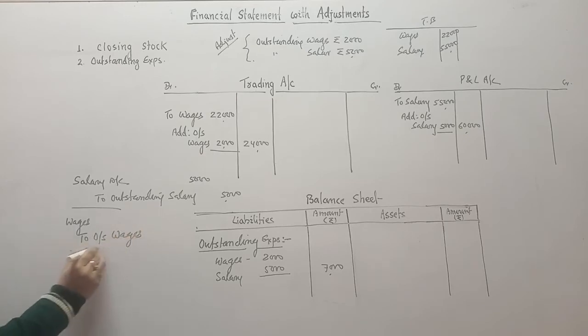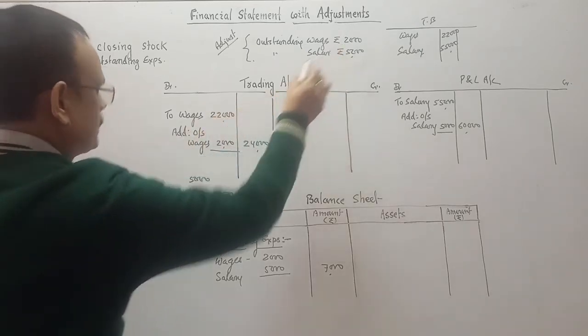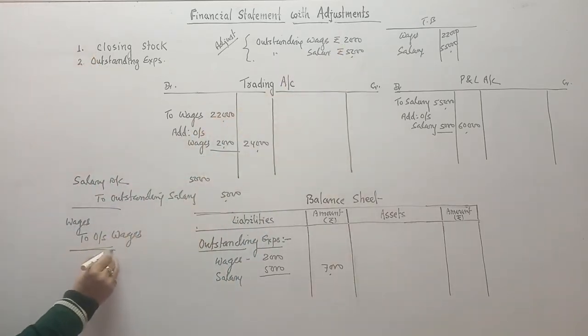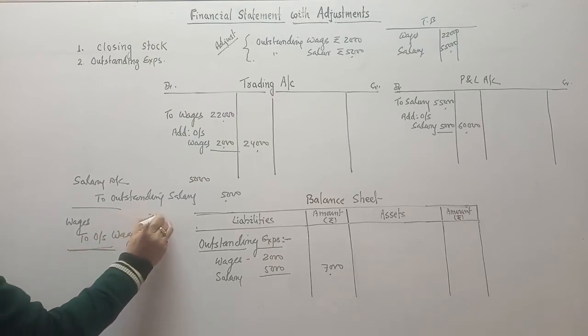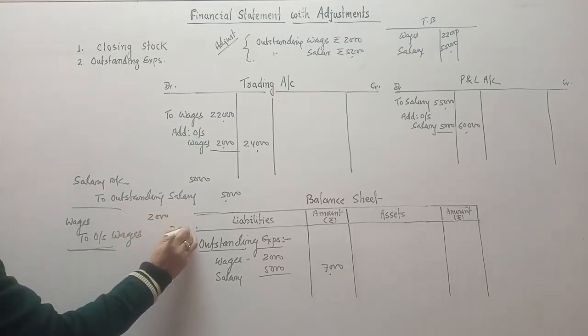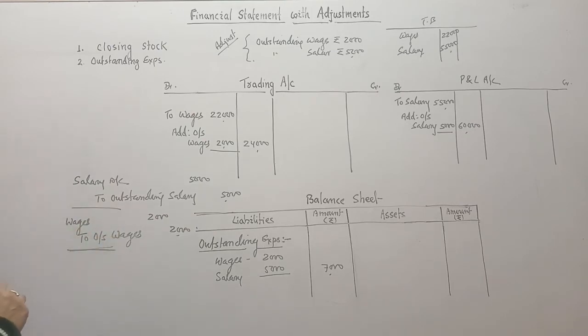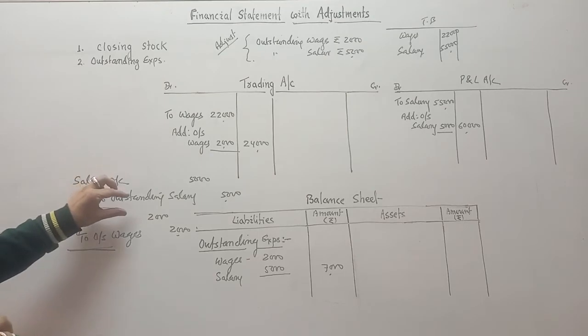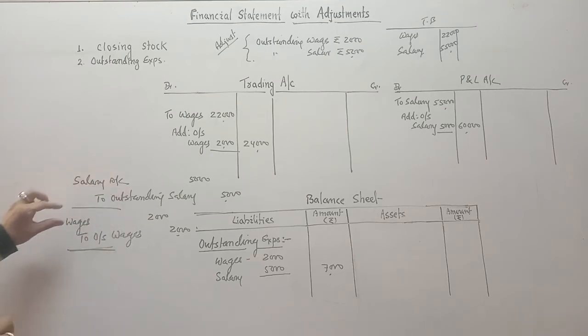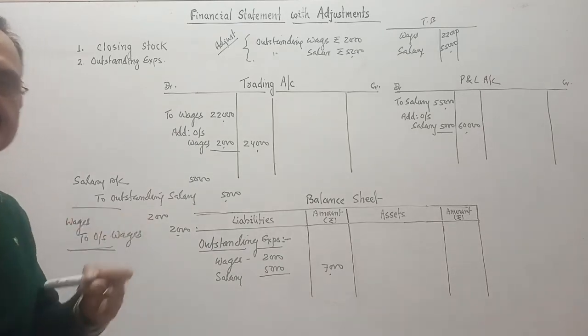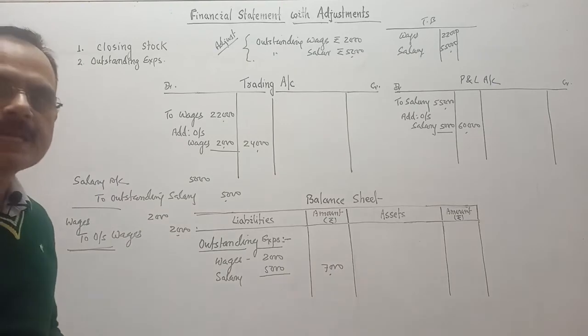Wages account debit to outstanding wages, 2,000. This is the adjustment entry for outstanding wages. Okay, in this way we adjust in the financial statement.